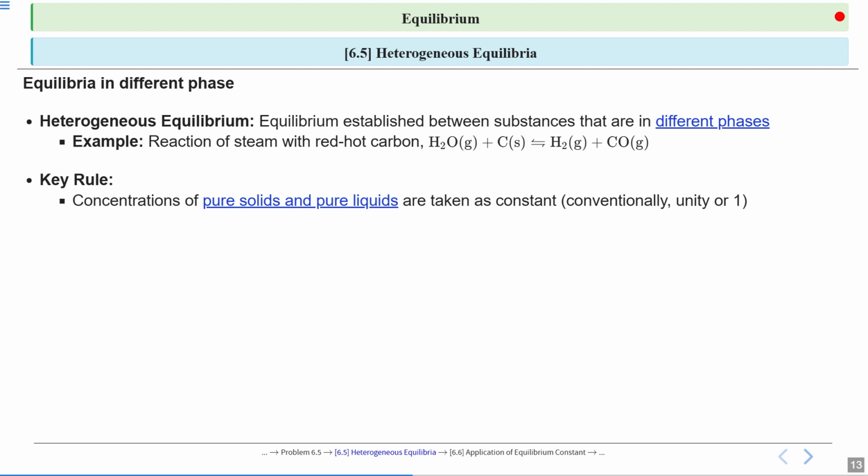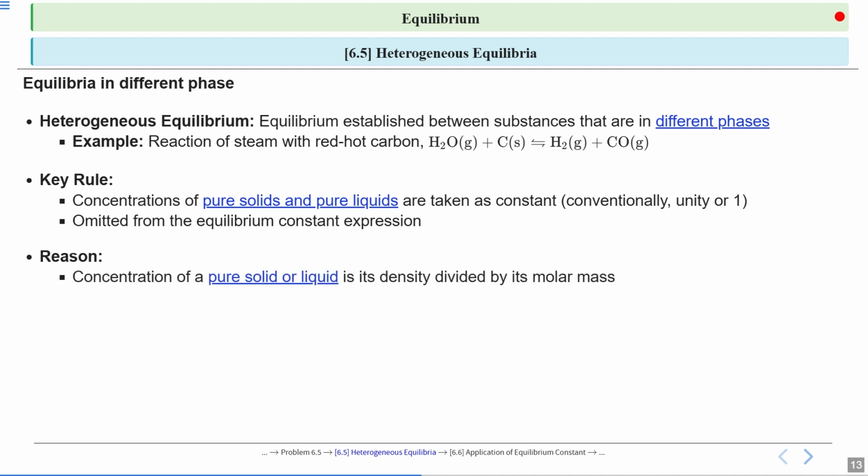This can be said only for pure solids and liquids, where the movement is not arbitrary. Second thing is, this term is omitted from the equilibrium constant expression. The reason we say so is because of its density, which is equal throughout, and for that reason we take the concentration of a pure solid or liquid as unity.